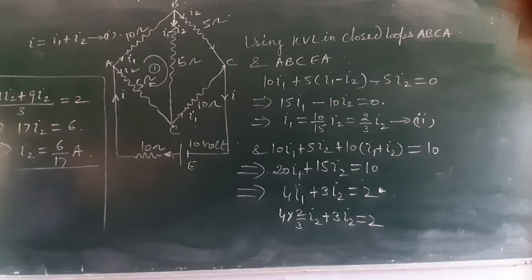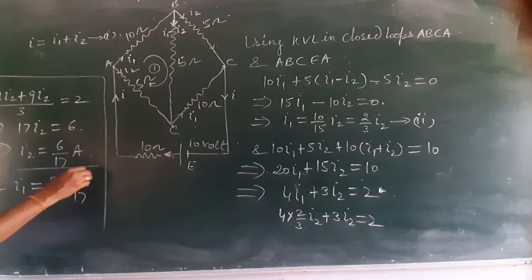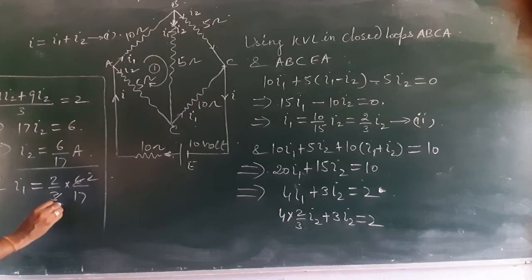This is the value of I2. Now what about I1? I1 is equal to 2/3 of I2. I2 is 6 upon 17. 3 2s are 6. This will be 4 upon 17 ampere.